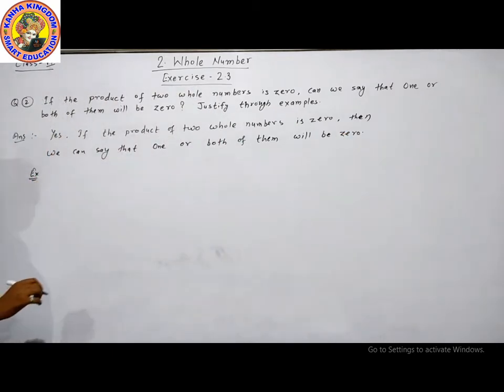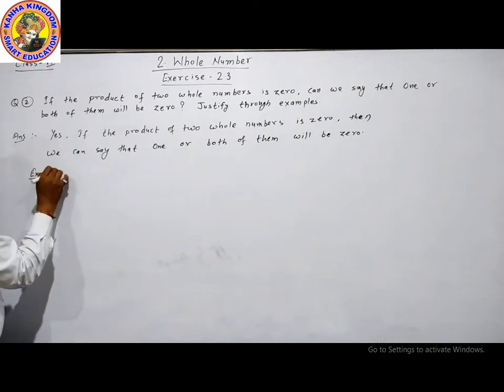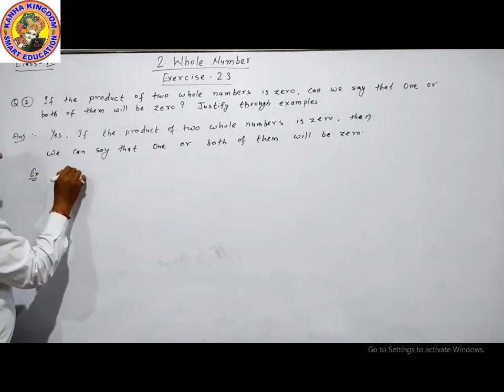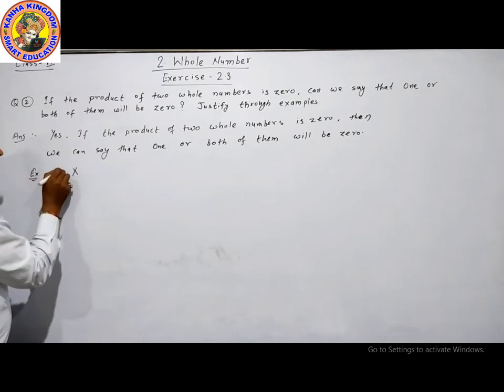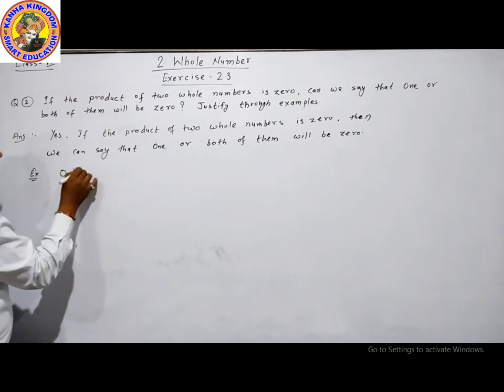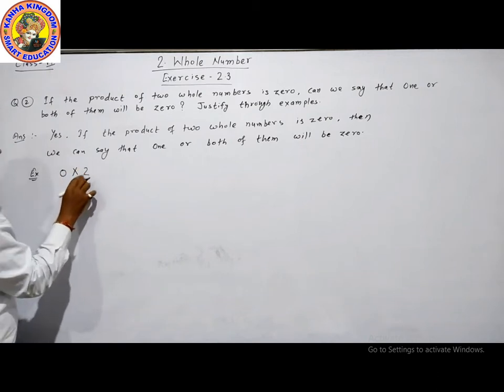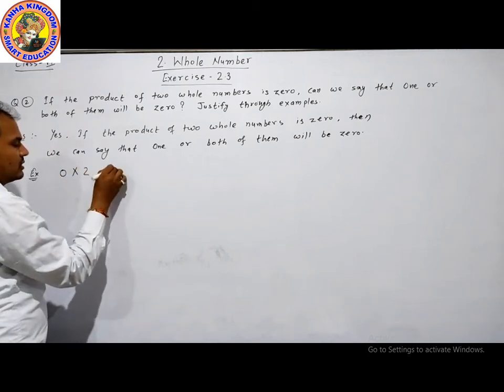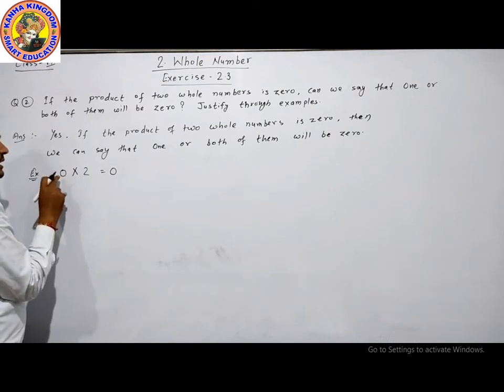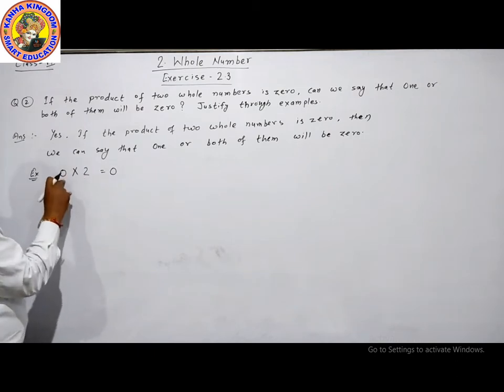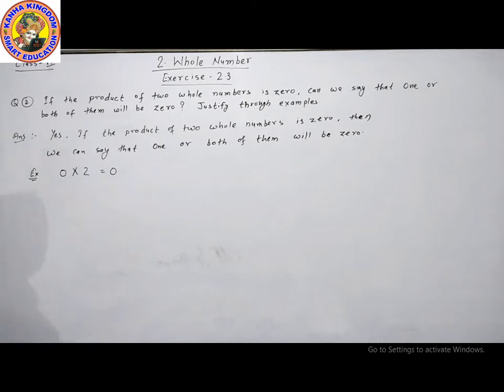For example, if we multiply two numbers, one of them is 0. 0 into 2, the answer is 0. The property of 0 multiplication is that 0 multiplied by any number gives answer as 0.